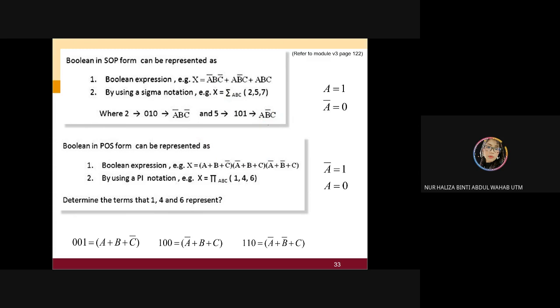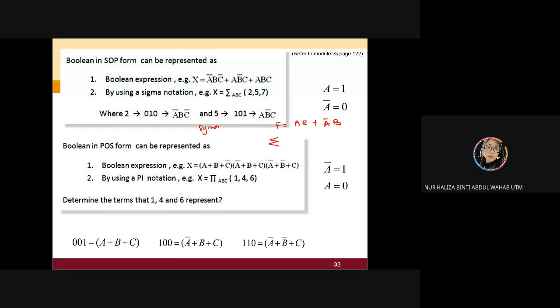Let's say you were given F equal to AB plus A bar B. If you were given it like this, of course this is standard SOP. So how are you going to get the sigma notation? To represent it, you use the symbol.